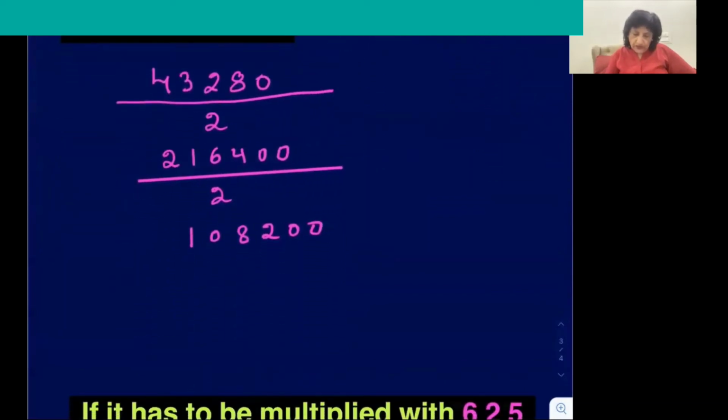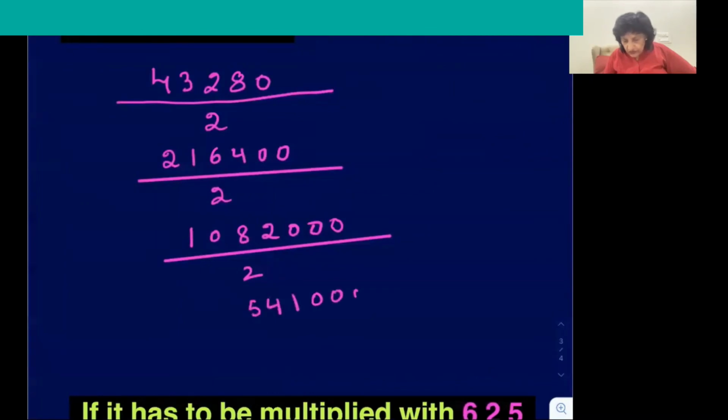So we have to do it 3 times. Now what have we got? We join one more 0 to the end of this number and again divide this number by 2. What do I get? 5, 4, 1, 0, 0, 0.